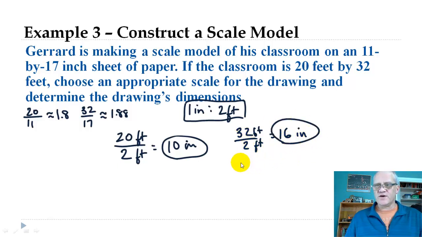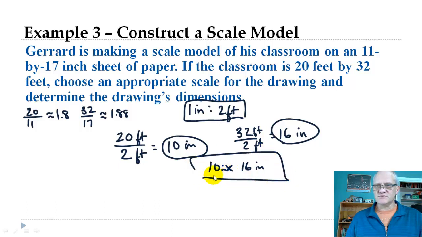So then your final dimension drawings would be 10 inches by 16 inches. I should have written inches in there. So 10 by 16 would be the dimensions of your drawing. So you can notice that would fit on an 11 by 17 sheet of paper. It'd be 1 inch less on each side.